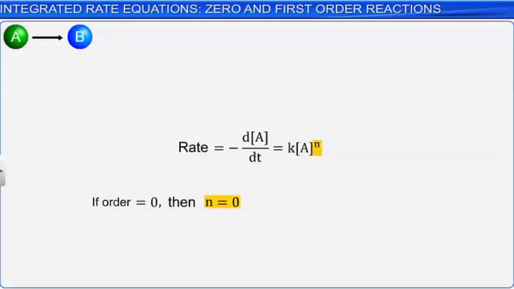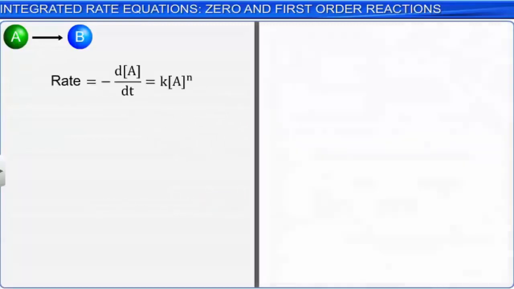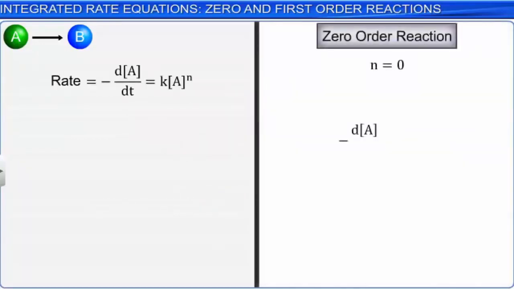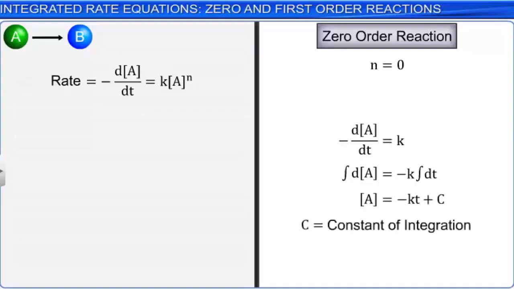Substituting n by 0 in the differential rate equation, we get minus dA by dt is equal to K, or dA is equal to minus K into dt. On integrating both the sides, we get concentration of A is equal to minus Kt plus C, where C is the constant of integration.